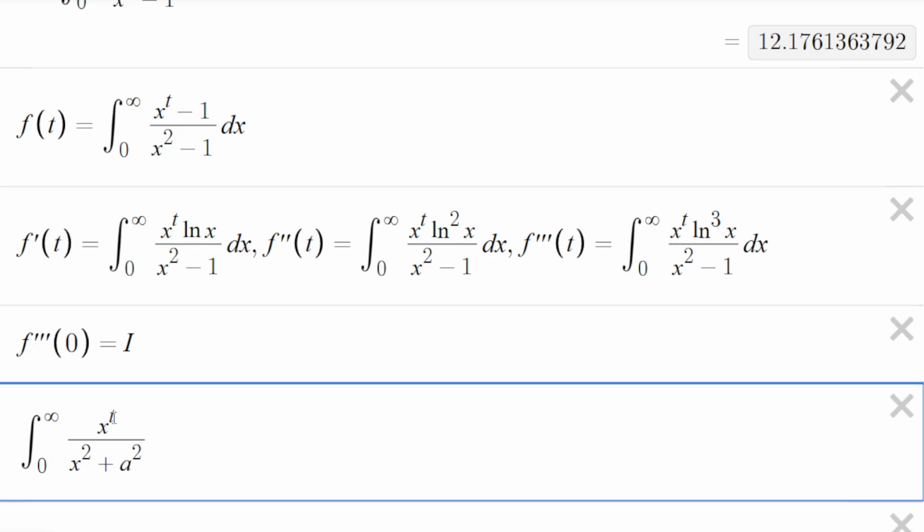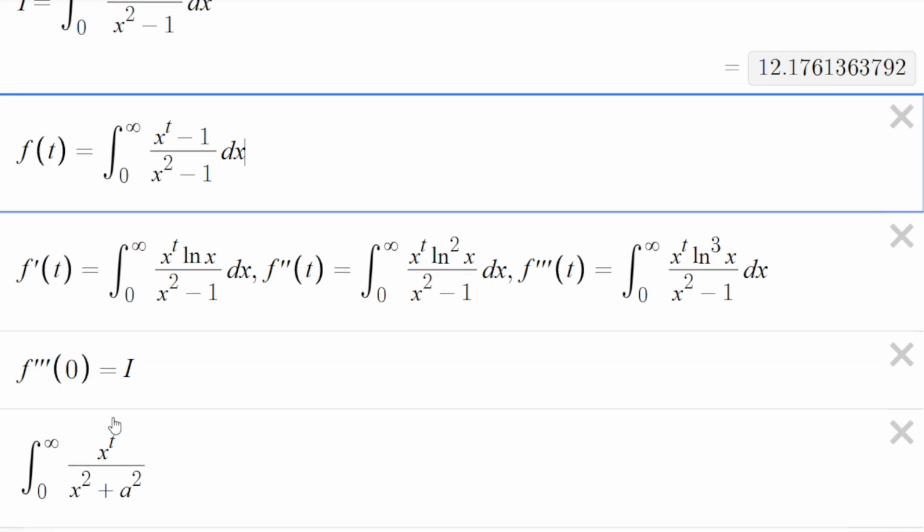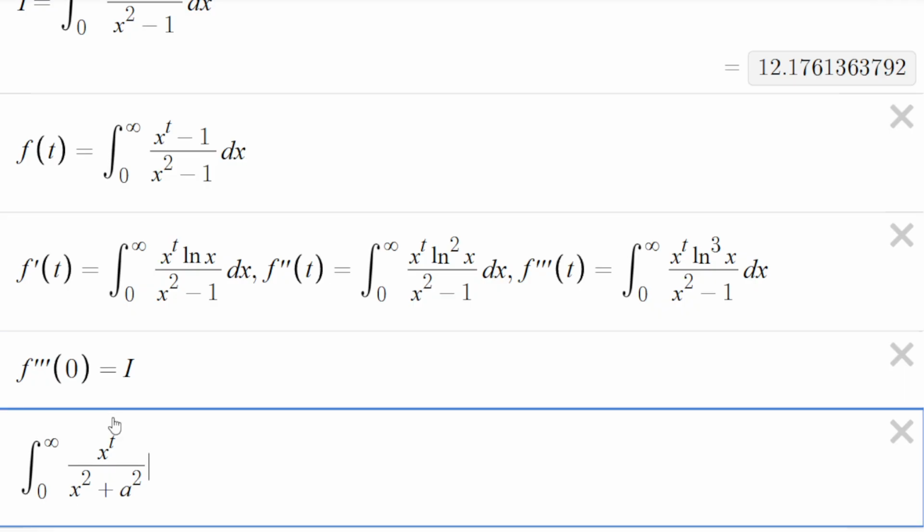And then you'll see if we evaluated this at the point a is equal to I, we would have the first part of this integral right here, which is all we really need, because the second part is actually a constant because it's just x terms integrated with respect to x. It is a divergent constant, but it is constant. It's not going to affect the rate of change of f of t. So this is the only part we really need.